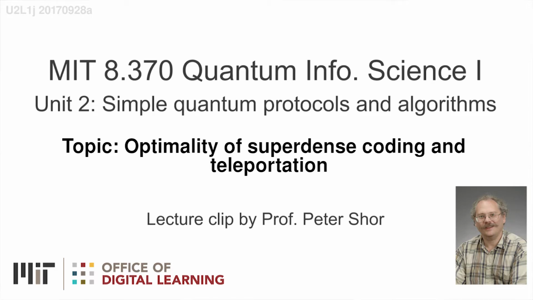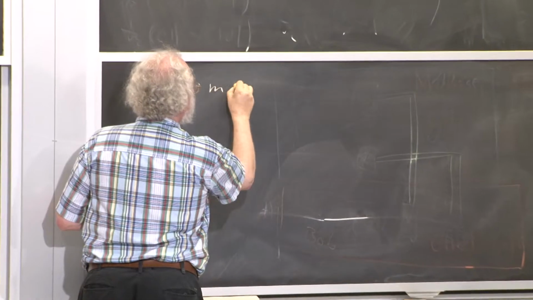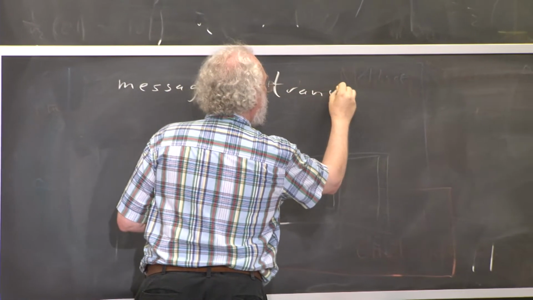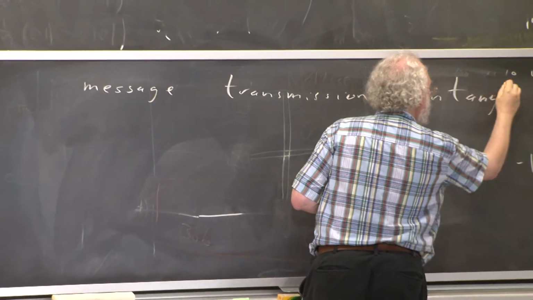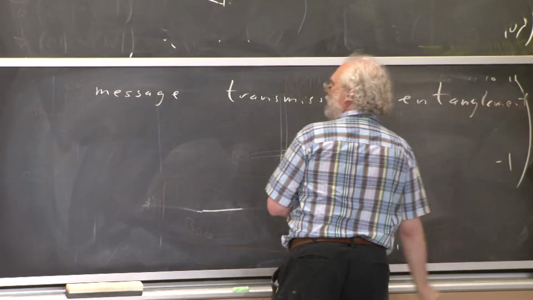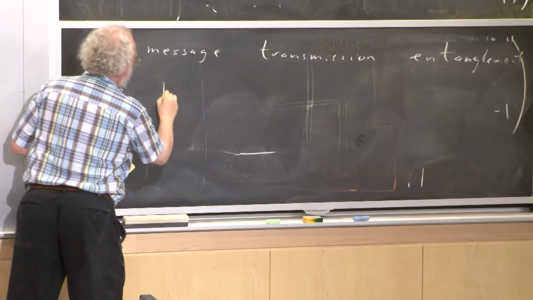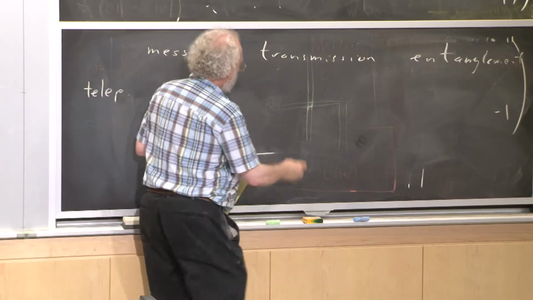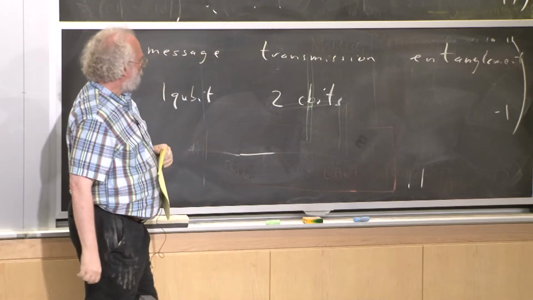The last part of this lecture, I want to explain to you why all of these parameters are optimal. So let's see. Message, transmission, entanglement. So the message for teleportation is 1 qubit, and you turn it into 2 classical bits, which maybe I should call C bits.